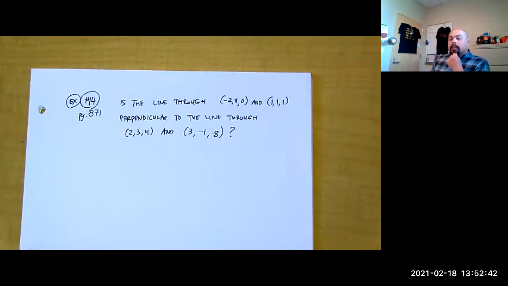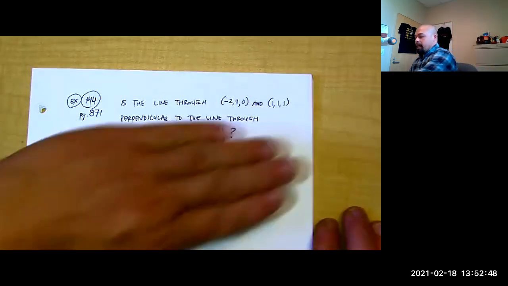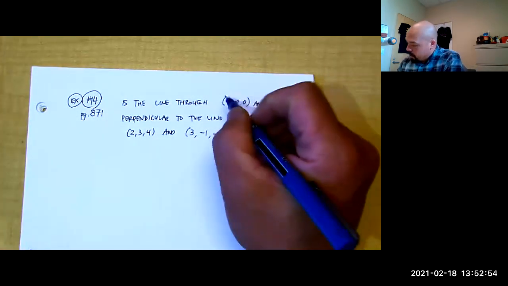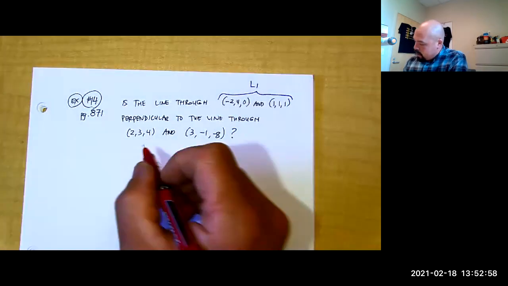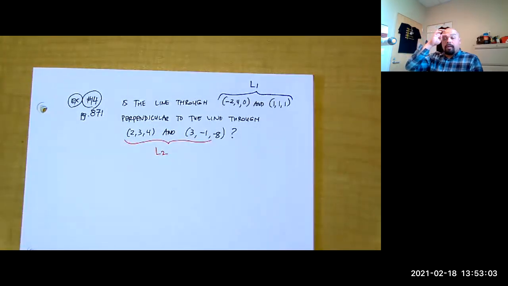So in this problem, we can imagine building our equations for 2 lines. This is one line passing through those 2 points. The second line passing through these 2 points. So here, line 1, line 2 information. We can do the work like we did for that problem number 4.